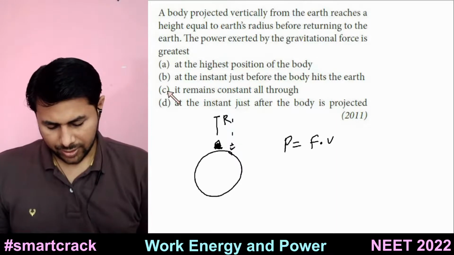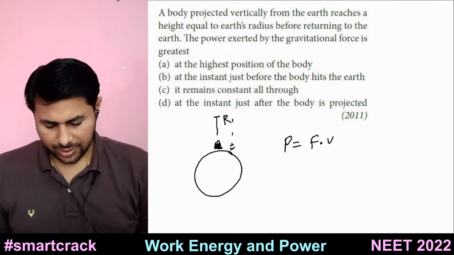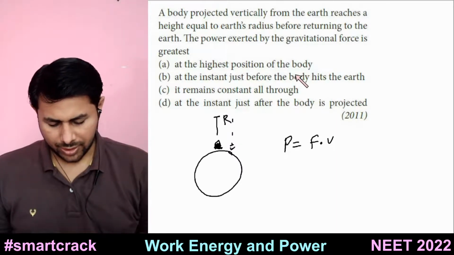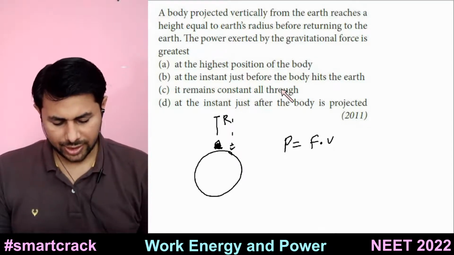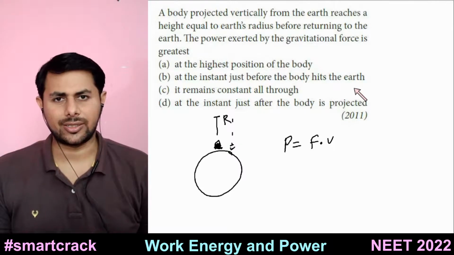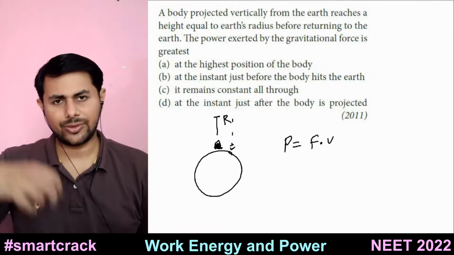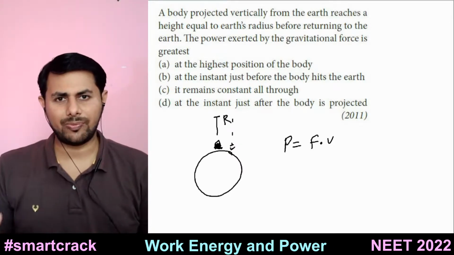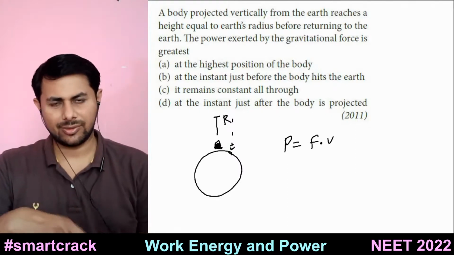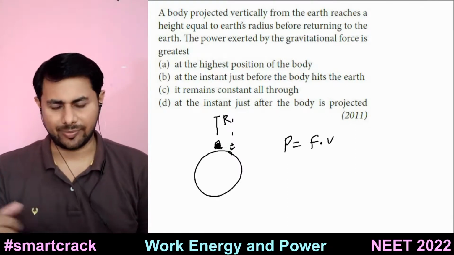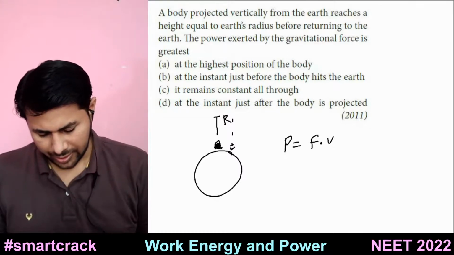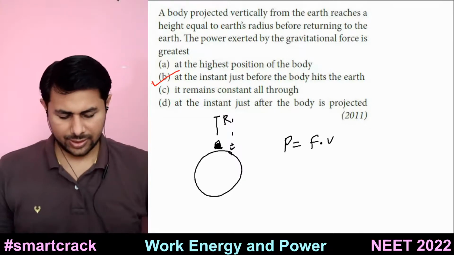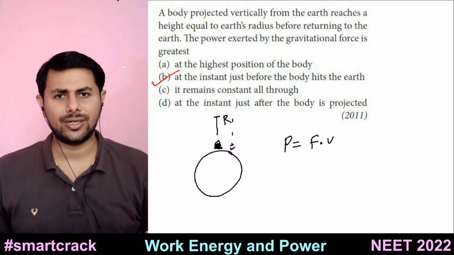So the answer is not the highest position of the body, but the instant just before the body hits the earth. Just before it hits the earth, the force is also maximum and velocity is also maximum. So power is maximum just before it hits the earth.